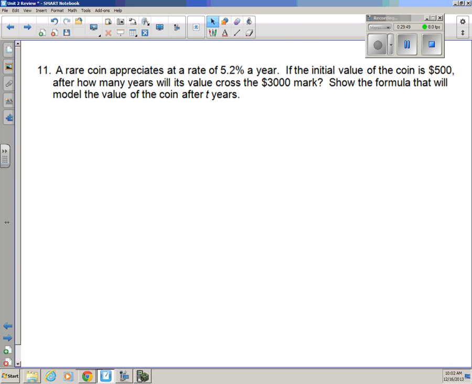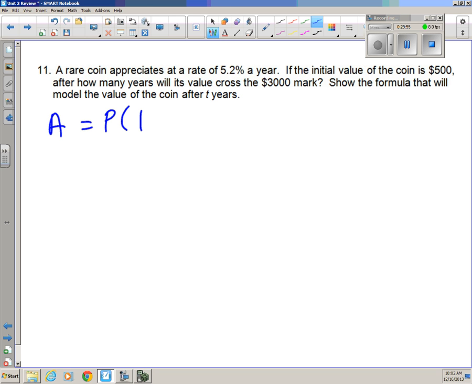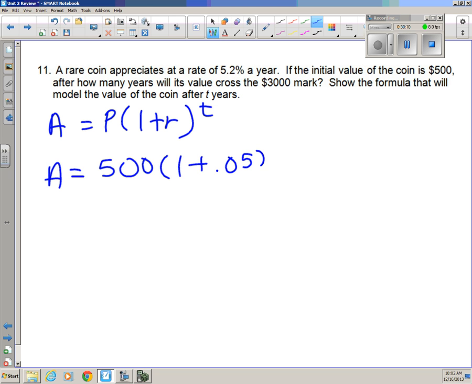So what happens here is we know that the formula is going to be the amount is going to be the principal times 1 plus the appreciation rate with the time. So that means the amount is going to be this coin, which is $500, 1 plus 0.052 after t years.